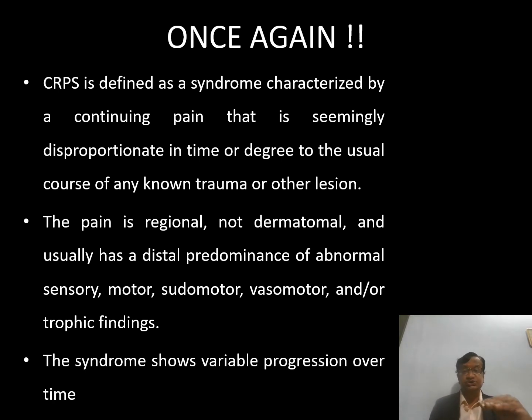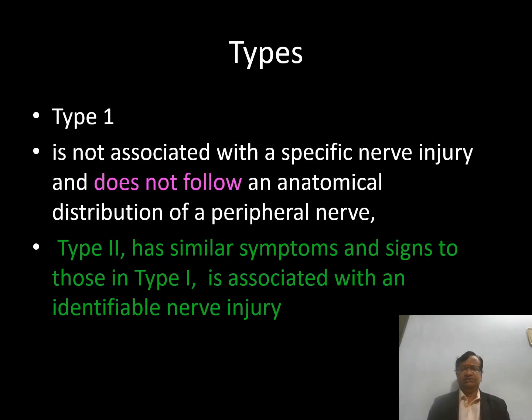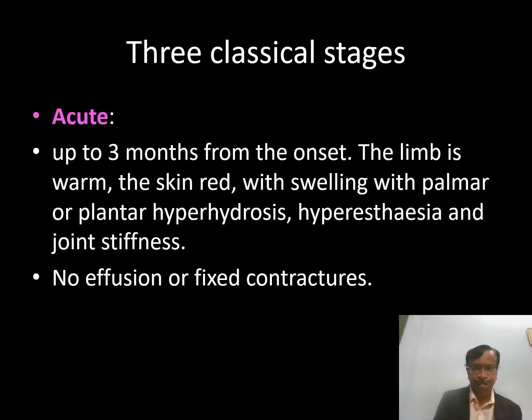The syndrome may show variable progression over time. There are two types. Type 1, no nerve injury. Type 2, there is a nerve injury. Same things can happen, but if you have an identifiable nerve injury, then you call it type 2. What are the three classical stages? Acute stage, which I showed now.